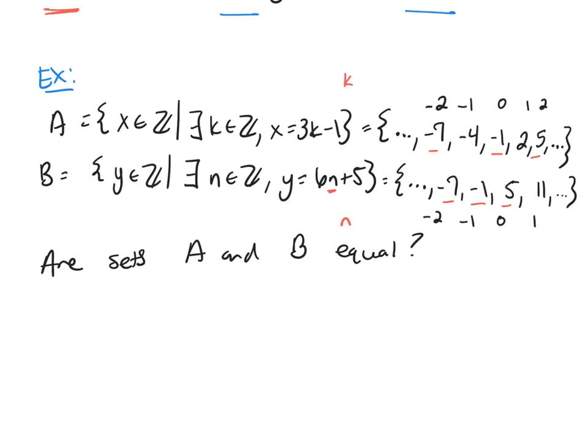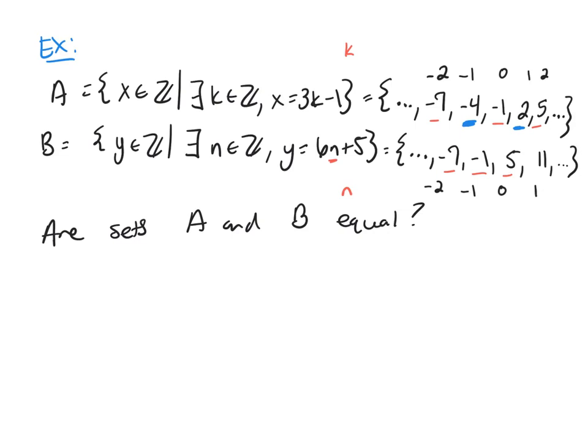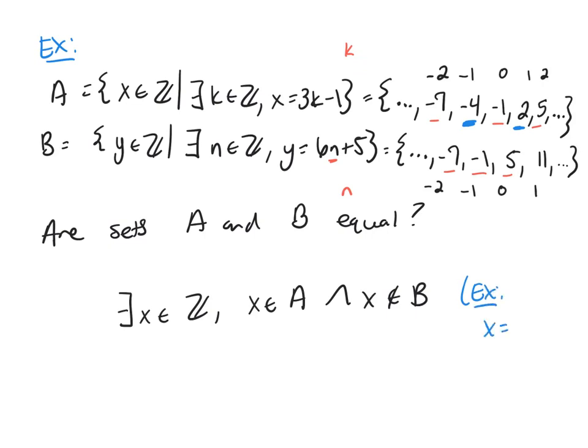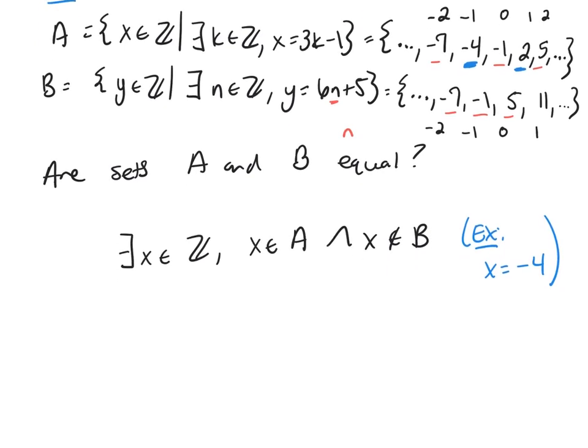So it looks like all the elements in B are also in A, but I have some elements in A that were missing in B. So in particular, what I can say is that there was an integer that was in A but not in B. There are many, but one of them, for example, -4, was in A but wasn't in B. So I can now say that these two sets are not equal, because if they were equal, they would have to have the exact same elements in them.